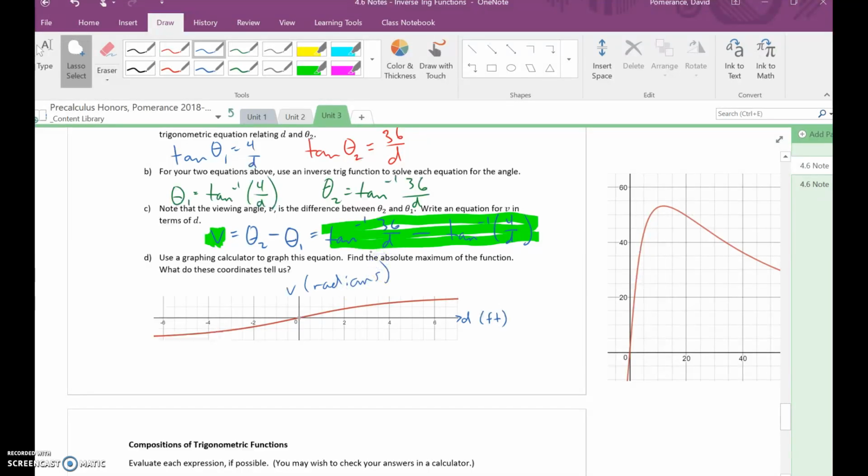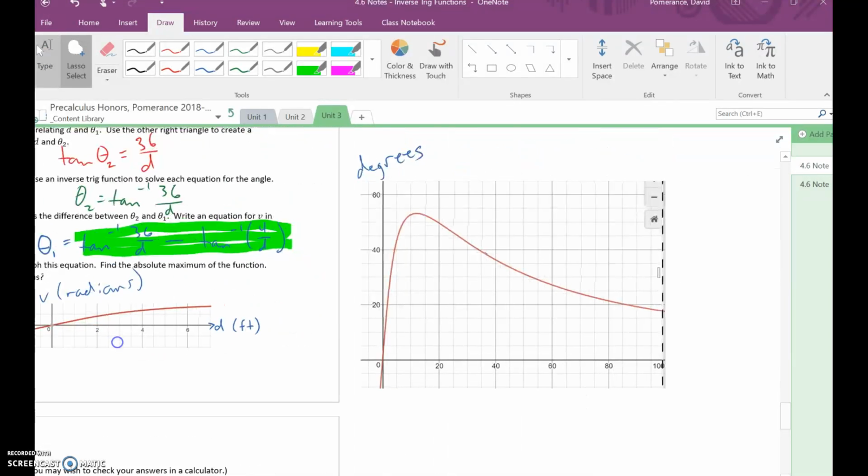So we changed the mode to degrees, and we zoomed out. And then we didn't change the horizontal axis. That's still our distance D that we're after in feet.